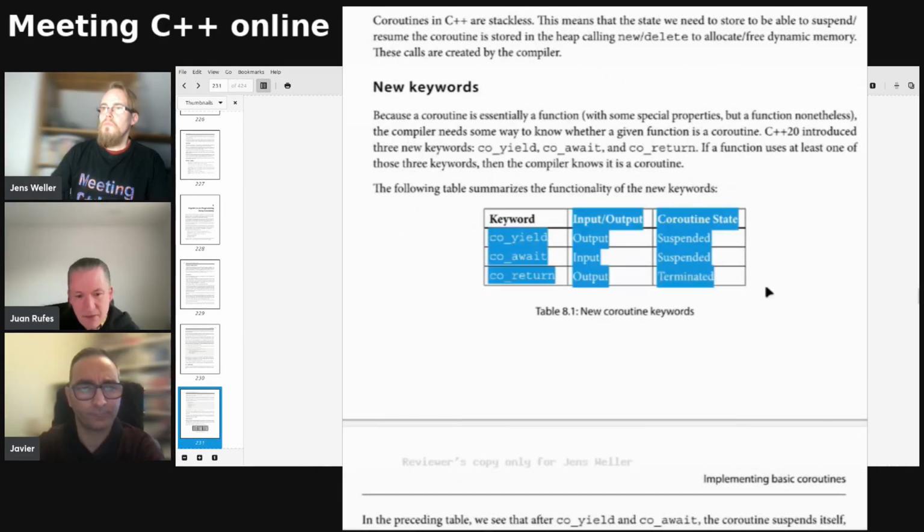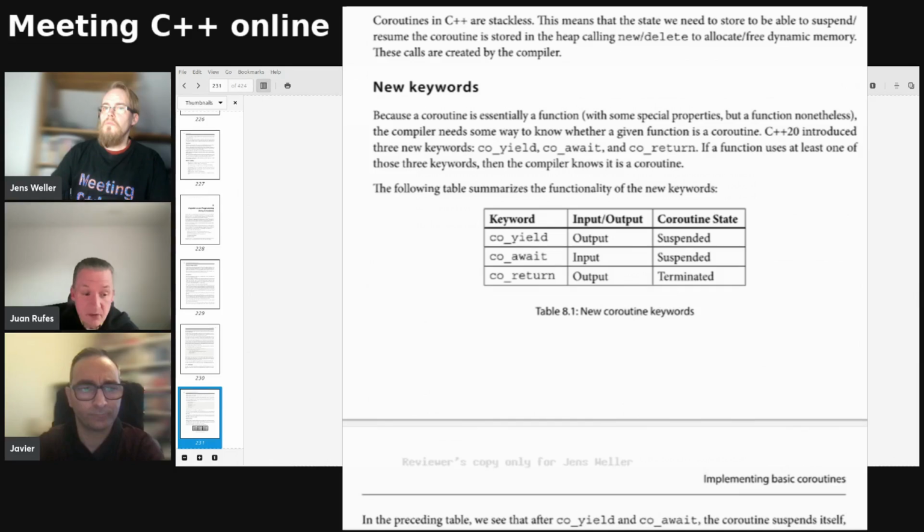Even that, this is very low-level stuff, right? What the compiler does, with your help, is generate a state machine and implement this. It was said that in future releases of C++, probably the library will have more facilities to make this easier.